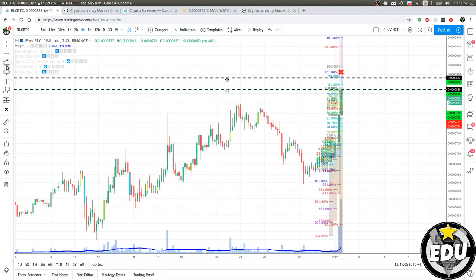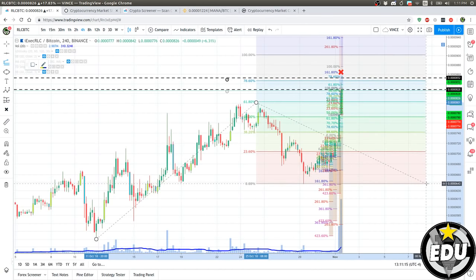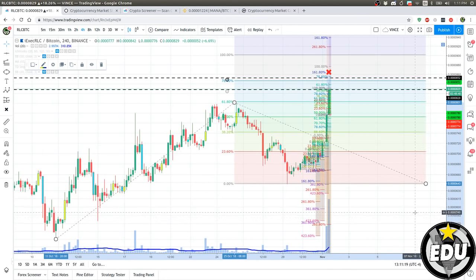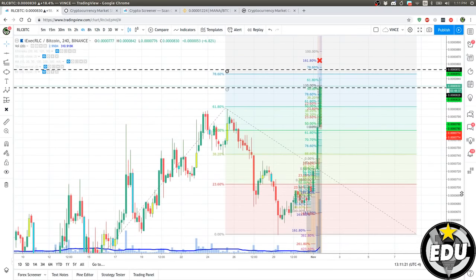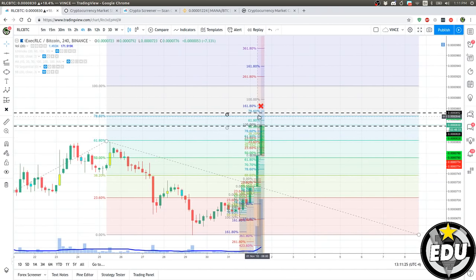So let's trace our main Fibonacci extension from the bottom to the top down to here, the correction, and that gives our extension. And we have 78%, which is very close, and it almost hit there. That's what you're looking for, the 78. Yeah. Okay.